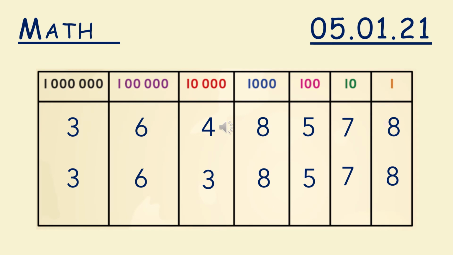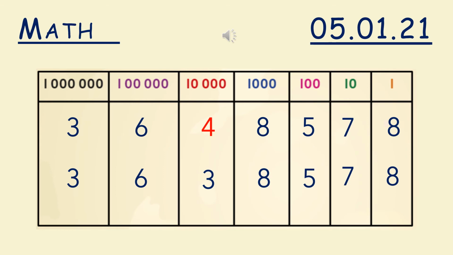Here's an example of how to use the place value grid to identify whether a number is larger or smaller. Here I've put the first number and the second number into the place value grid, making sure I place the numbers in the correct place value. Now I can identify which is largest and which is smallest. I'll start with the largest place value, the millions.